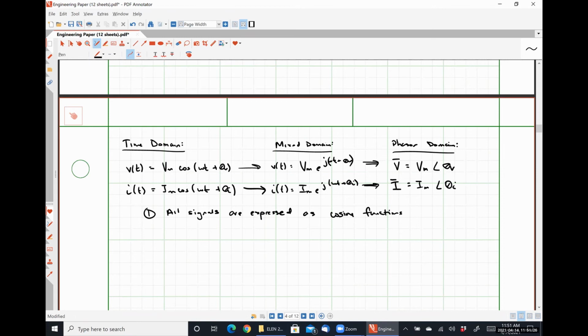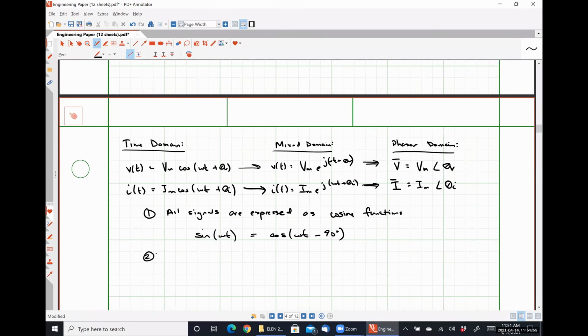How do we do that? Anybody remember from Circuits 1 or your basic trick? Do we add or subtract 90 degrees? Subtract, all right? So sine(omega t) is equal to cosine(omega t minus 90 degrees).